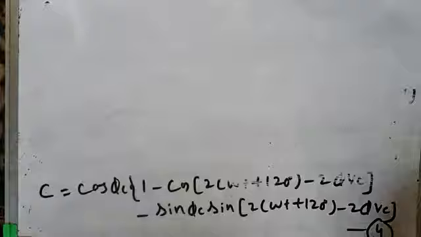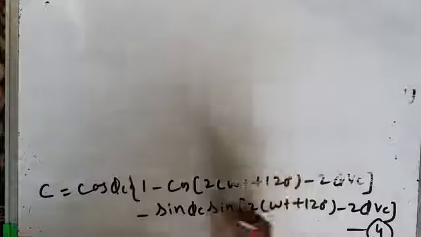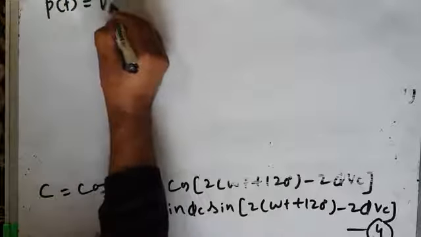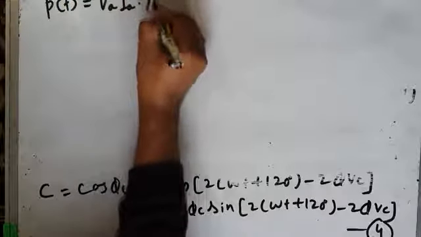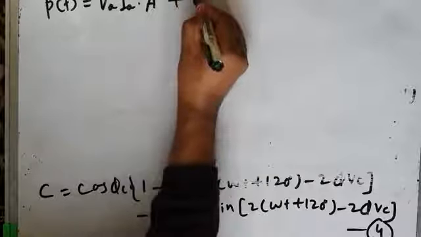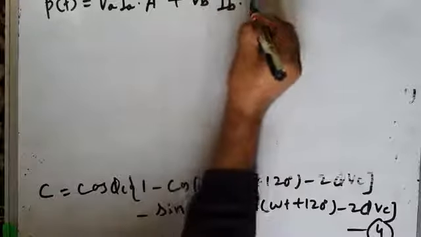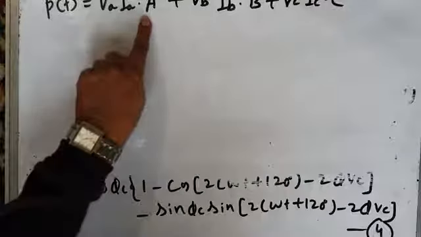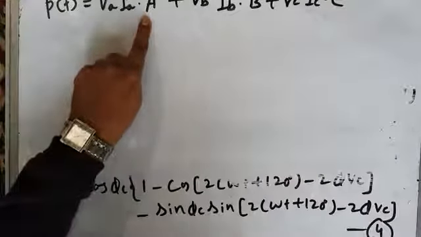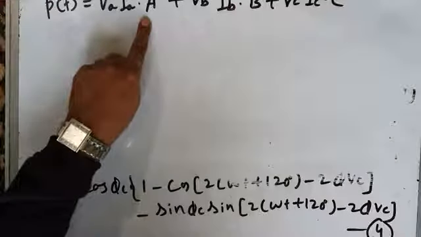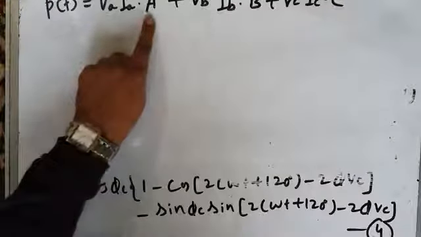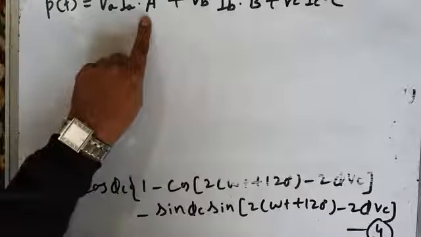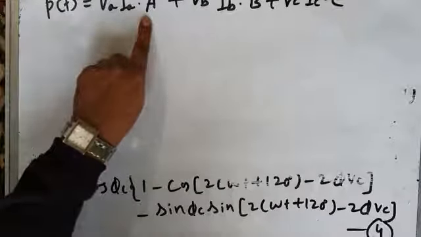Your equation 1 is this: Pt, instantaneous power, is equal to VAIA into A plus VBIB into B plus VCIC into C, where A is 2 sine of omega t minus phi VA into sine of omega t minus phi IA.